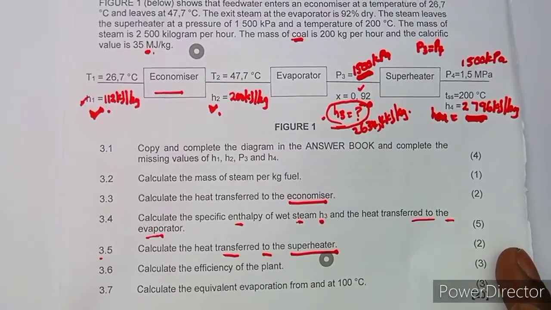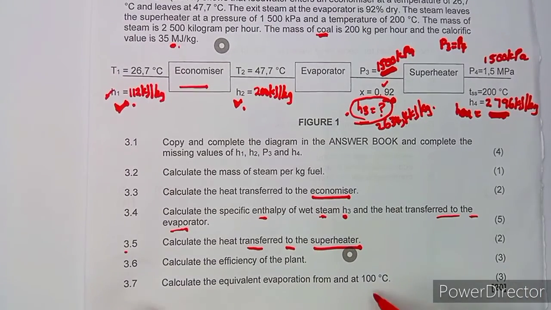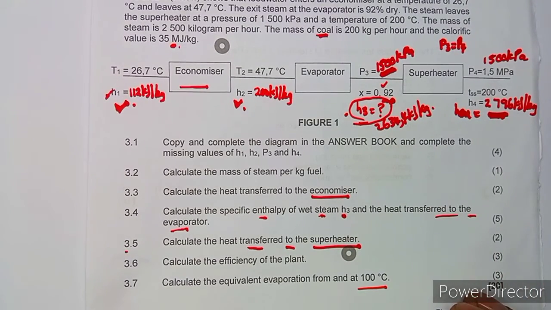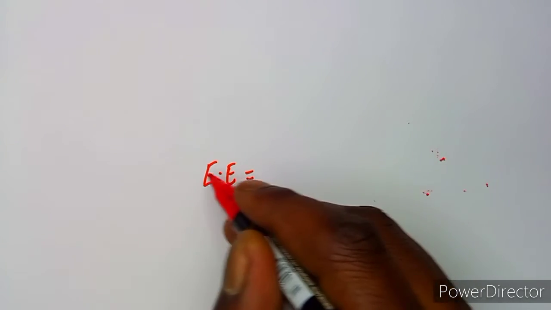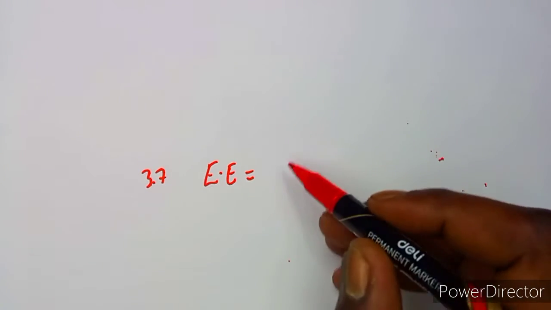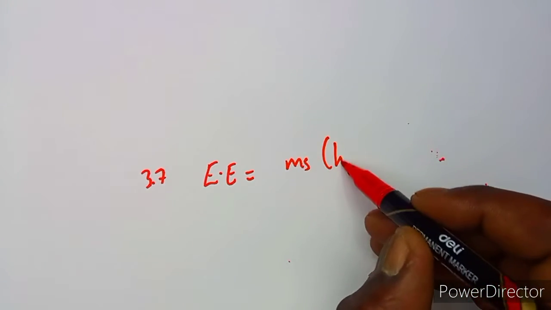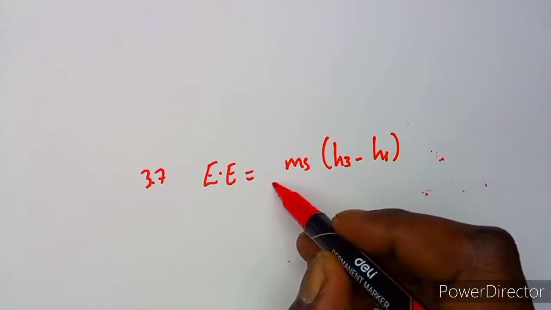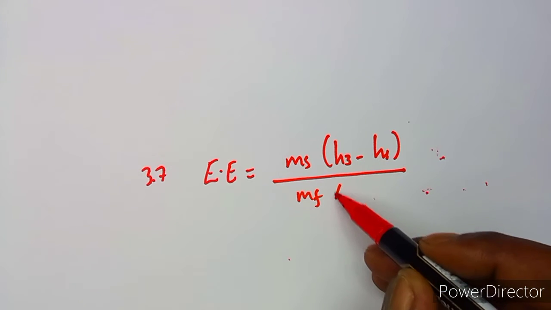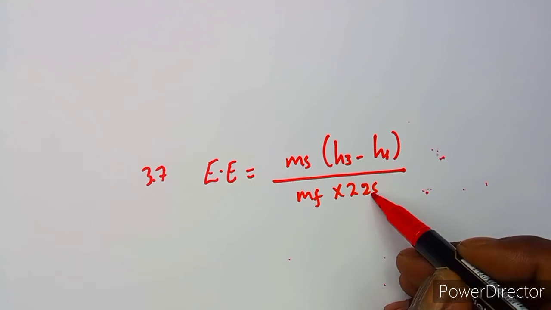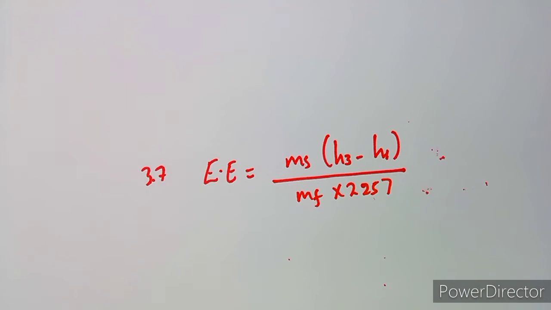Then we have the last part, which is to calculate the equivalent evaporation from and at 100 degrees Celsius. Okay, so this we are actually given on our formula sheet. So our equivalent evaporation is equivalent to ms times H3 minus H1 over mf times 2257.